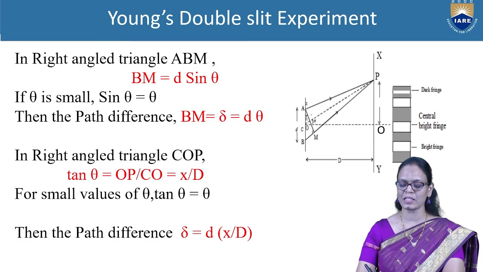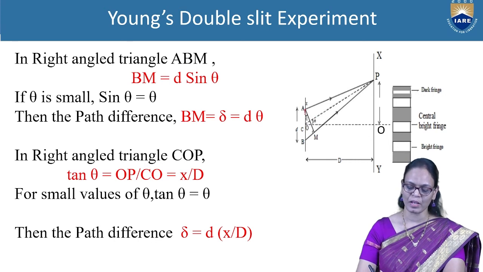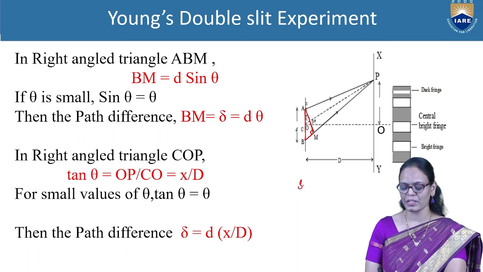Now we will consider this right angle triangle. ABM is the right angle triangle. This is the right angle. From the geometry of the figure, we can write sine theta is equal to opposite side upon hypotenuse, where this is angle theta.